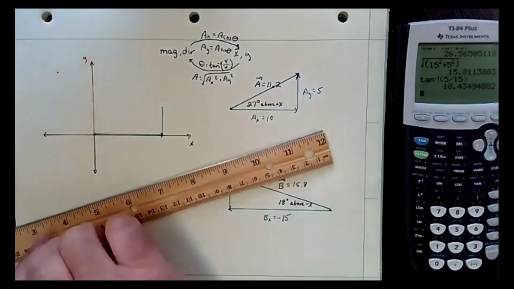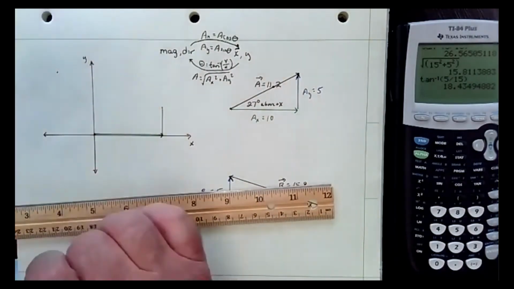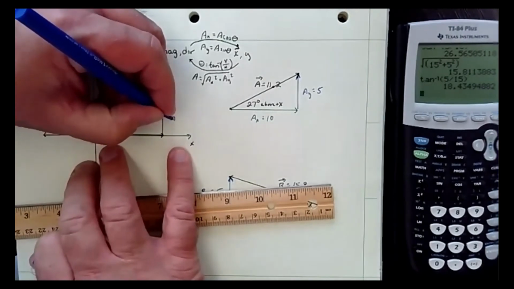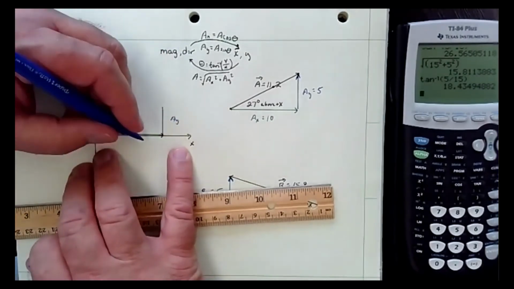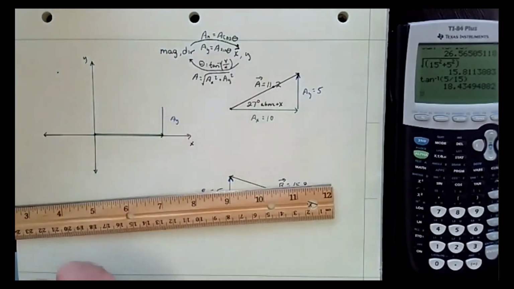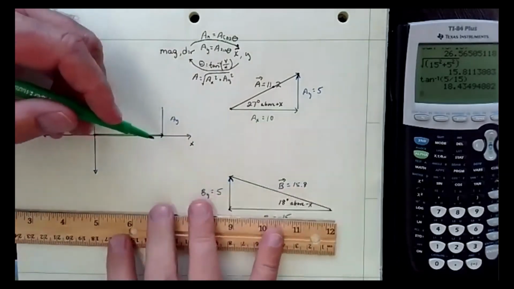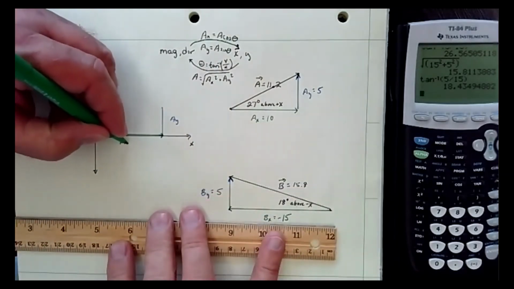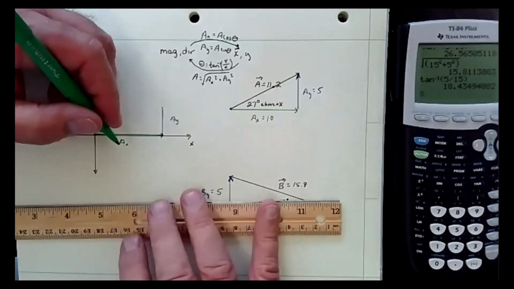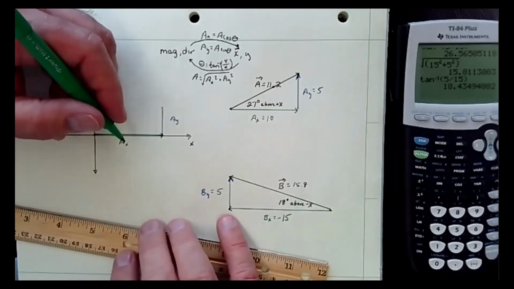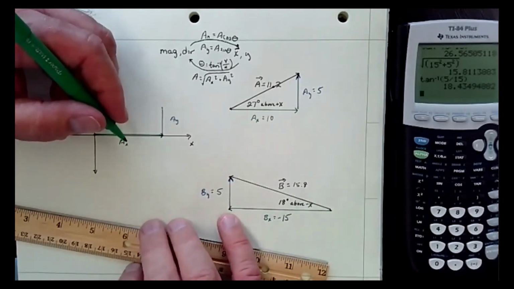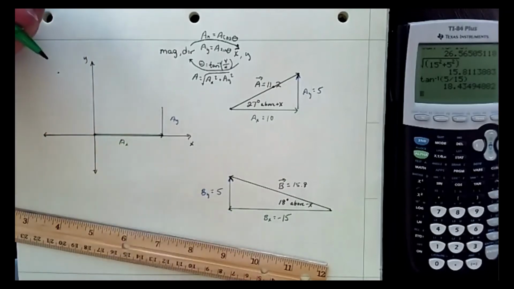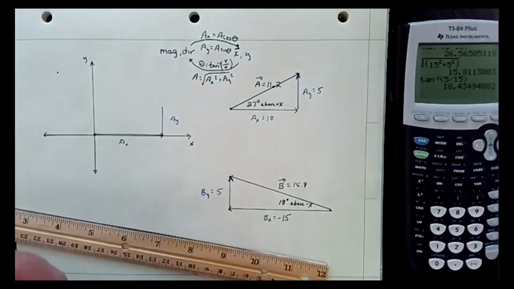And then for B, so this is y. And let's see what else is next.